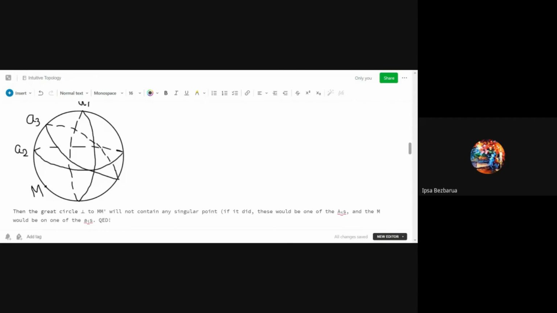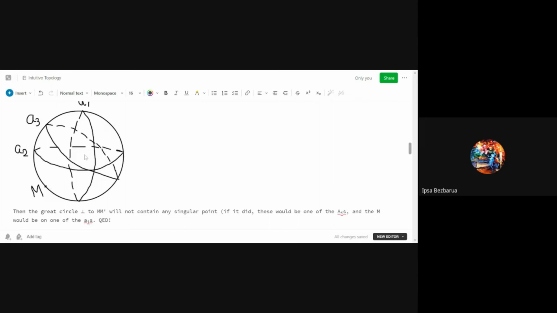Now, this is M, a point which does not lie on any of these sections, small a1, small a2 up to small an. And I call its diametrically opposite point M prime. I was tired of typing out stars and making them superscripts, so I just used M prime.